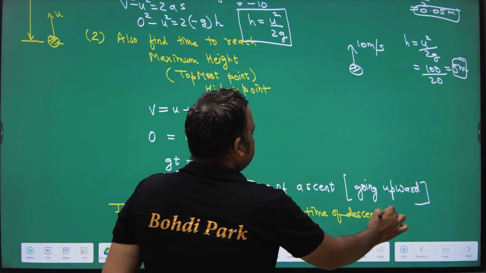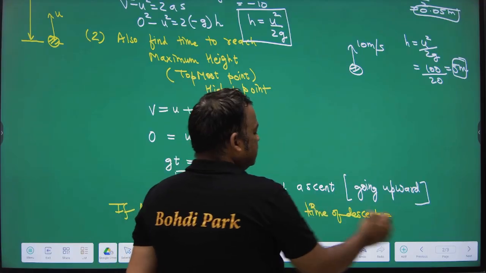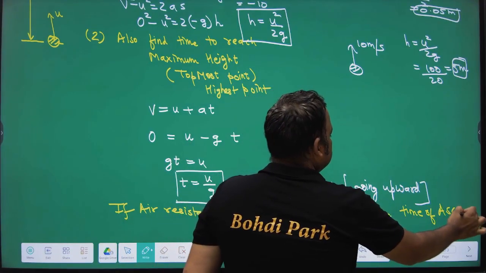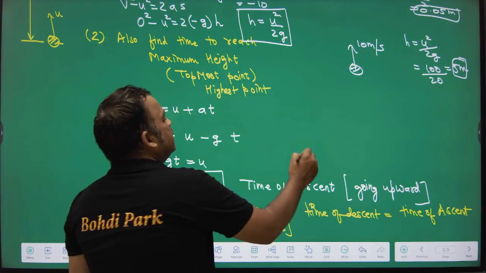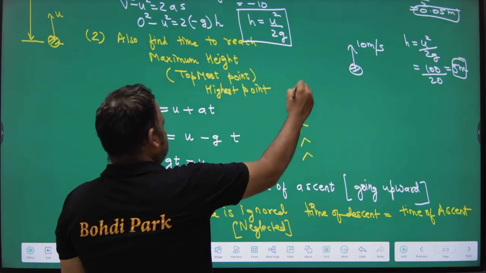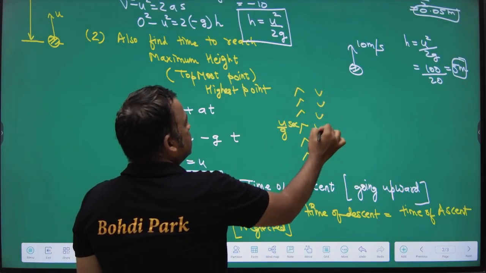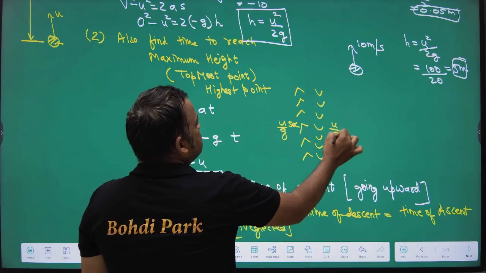Time of descent will be same as time of ascent. So the going time, it is taking u by g seconds. Coming time also it is taking u by g seconds.